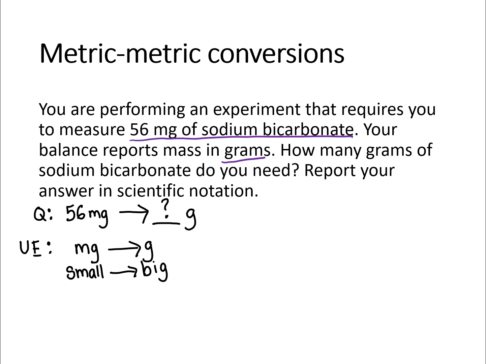So when we're writing out our unit equation, we're going from small to big, which means for our big exponent, is it going to be positive or is it going to be negative?